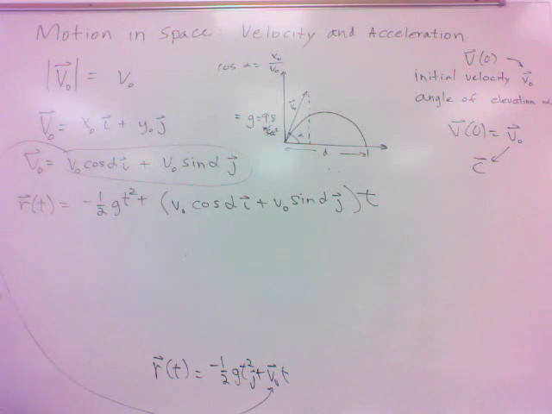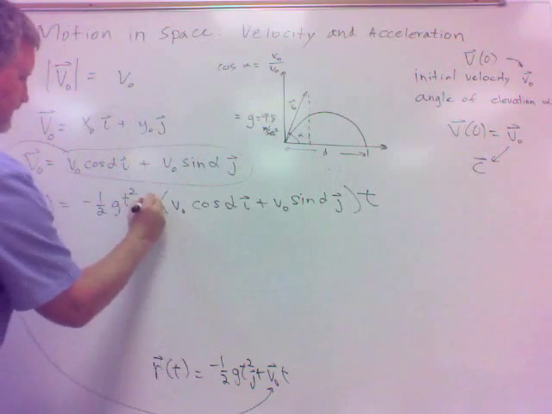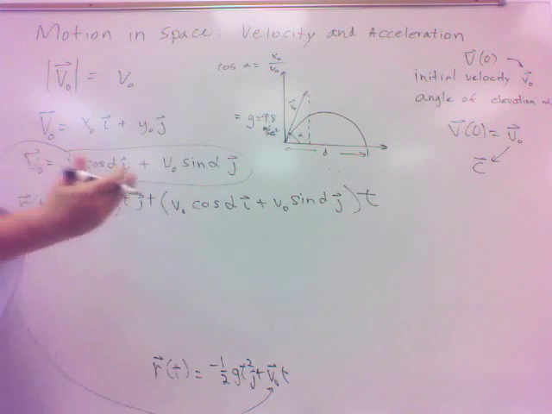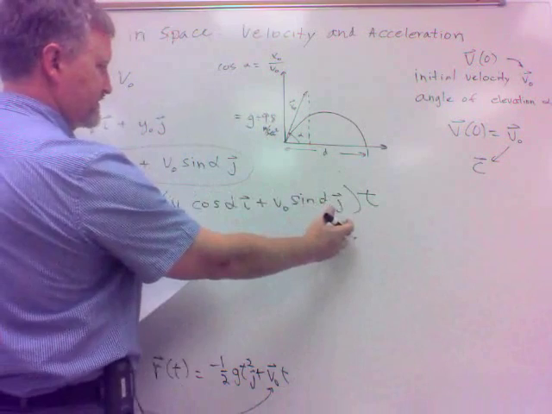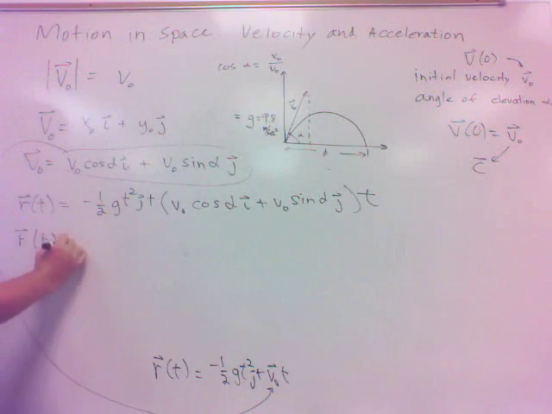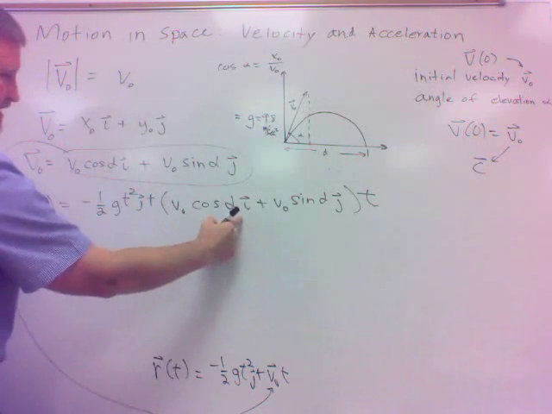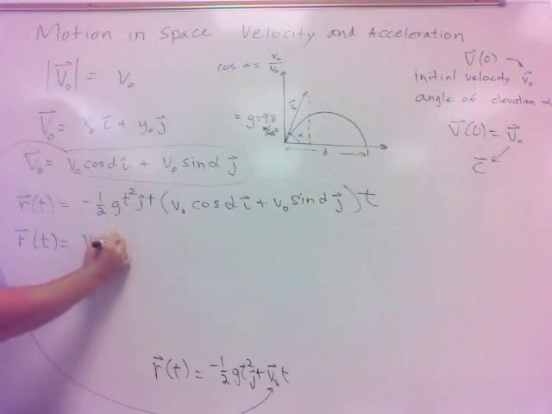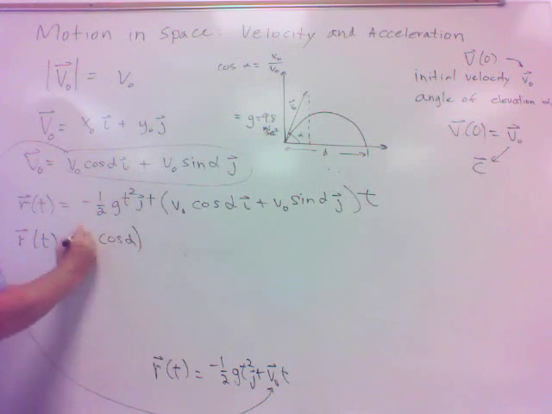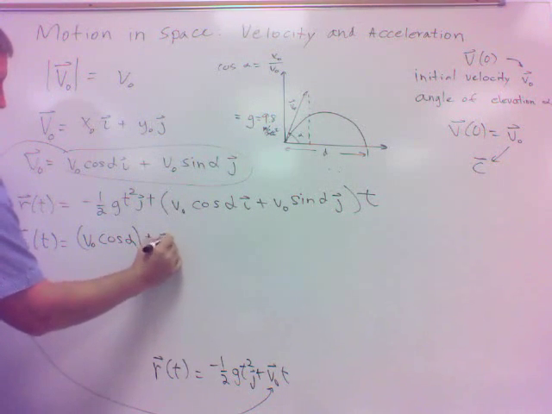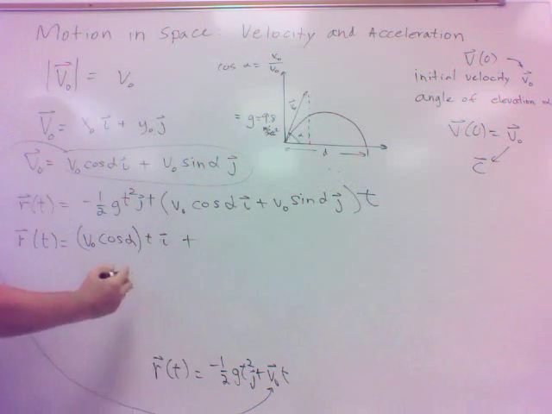R of t is, so this should be j. There's a j here. Yeah, forgot that. Well, I've got two j vectors represented and only one i, so r of t turns out to be v0 cosine alpha times t i, that's the i component, plus then the j component.